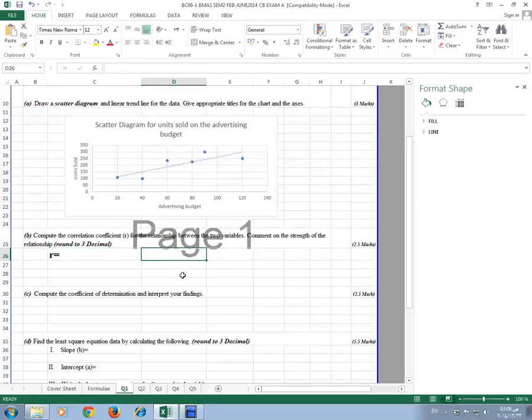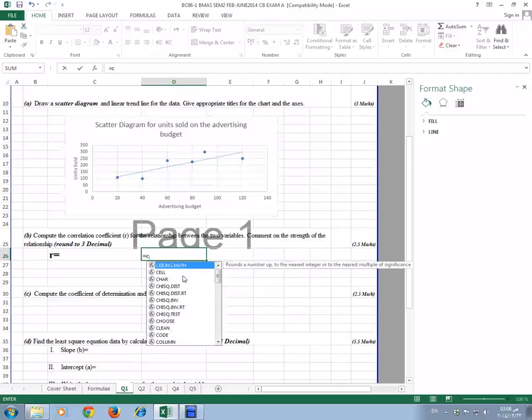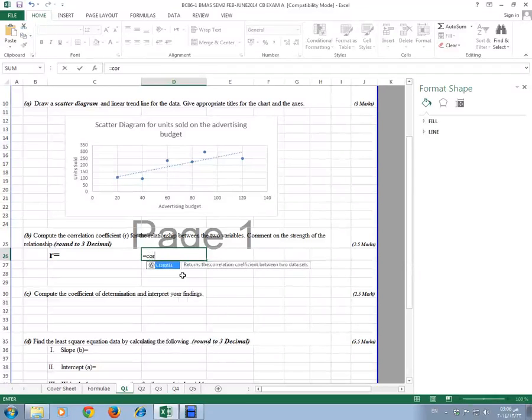To do any calculation in Excel you need to start with equals. We write the first letters, CORREL, then double click it and the computer completes the function for you. This function needs two data arrays, array 1 and array 2.